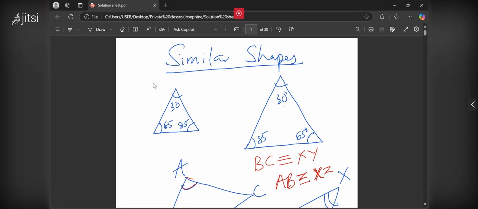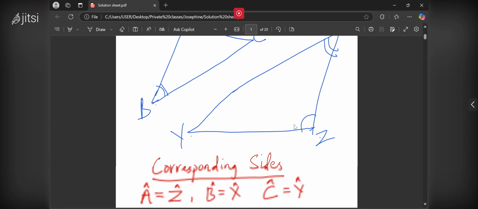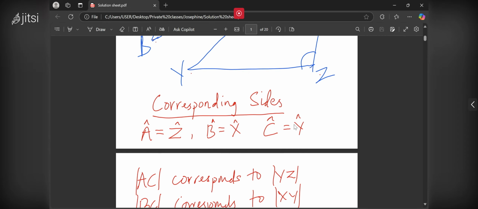Like this one you're seeing here. It is similar to the bigger one because at least two of the angles are equal. So we move to corresponding sides.